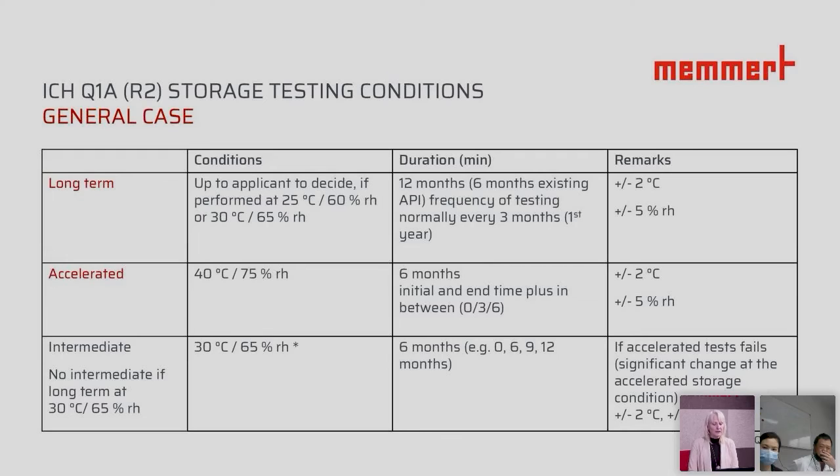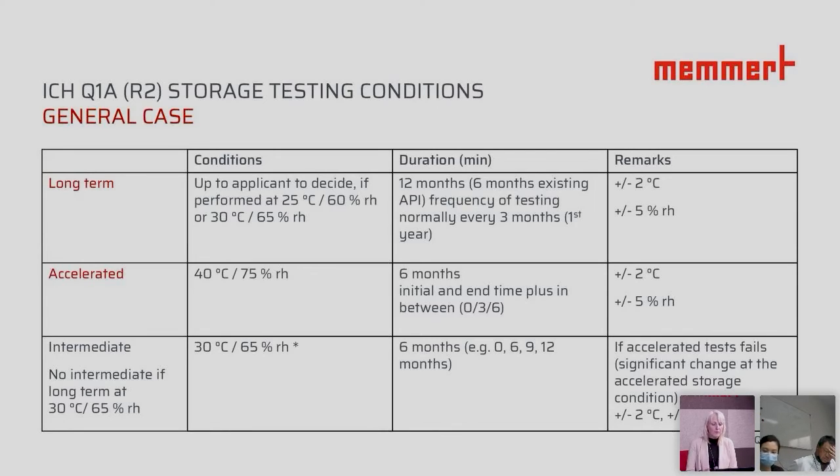Then we also have the accelerated test, which is done at 40 degrees, 75% RH for 6 months. Also here we have limits of ±2 degrees and ±5% RH. And intermediate testing comes into effect in case the accelerated storage fails.